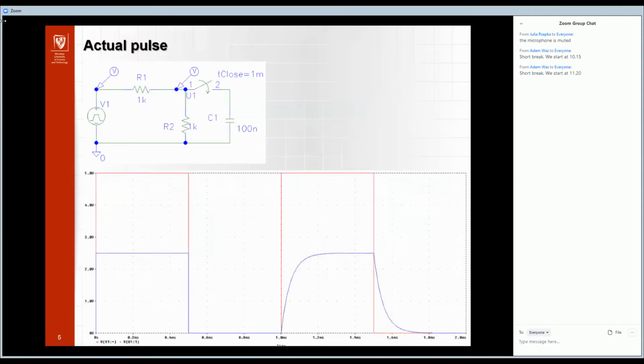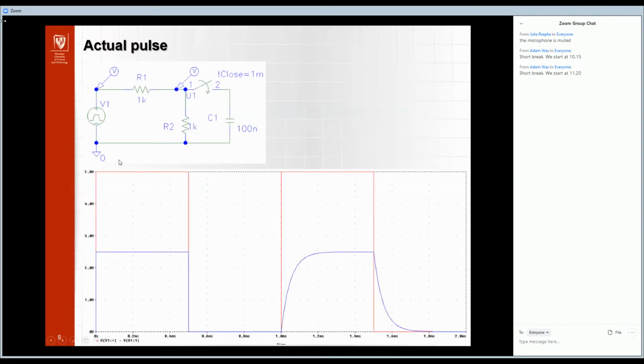So we see that from 0 up to 1 millisecond we obtain an amplitude of 2.5 volts at the end, and we have the ideal pulse from this edge and from this edge. But when I put the capacitors here, we see that the amplitude for steady state is the same, but this time and this time are different.